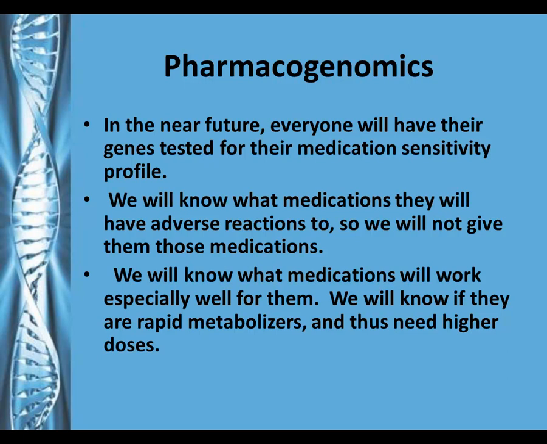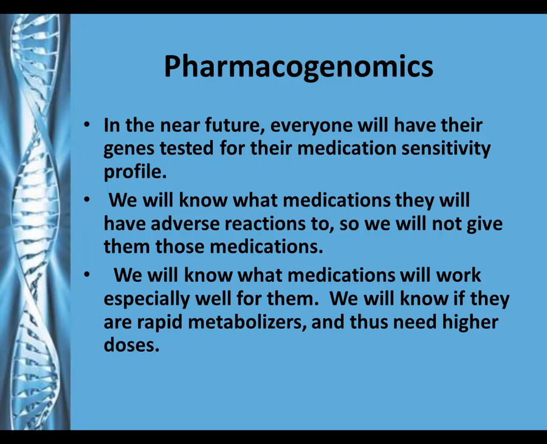So pharmacogenomics, looking at the whole genome and how people respond. In the near future, researchers are hoping that everyone will be able to have their genes tested at a reasonable rate in order to understand their medication sensitivity profile. So this will allow us to know what medications they will have adverse reactions to, or even more likely to have adverse reactions.